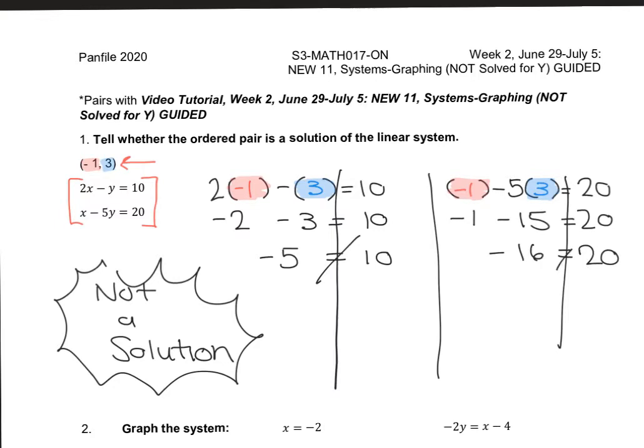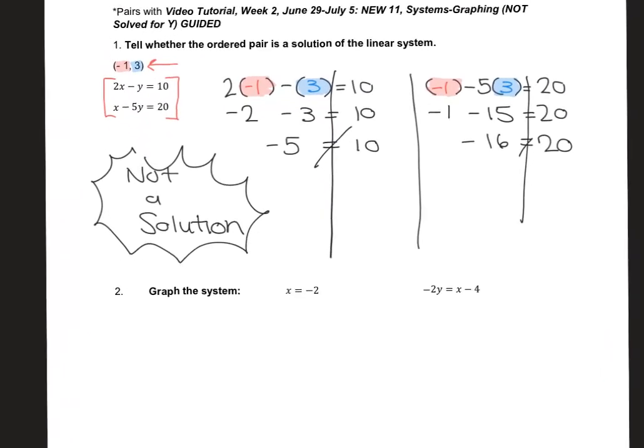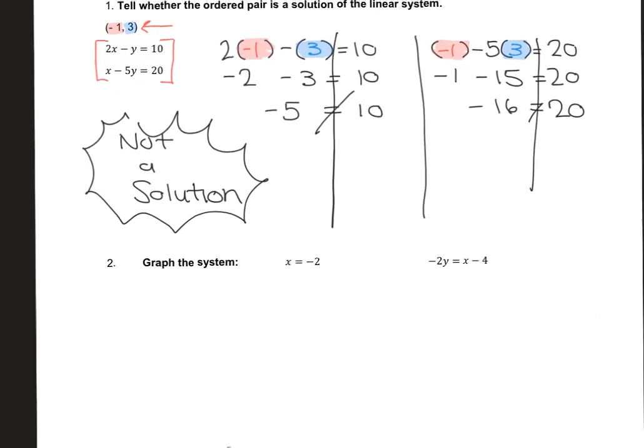So that ordered pair doesn't work in either equation. So I would know that this ordered pair does not work for either equation in the system. But unless it works for both equations, you know you are good to go with it not being a solution.